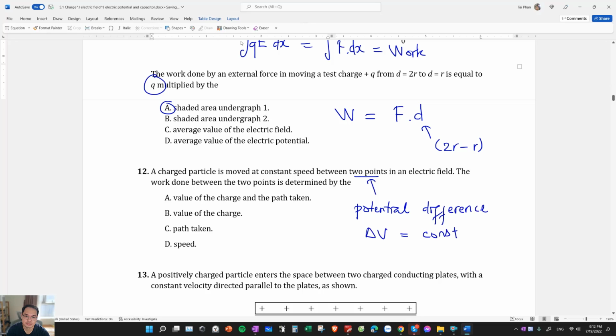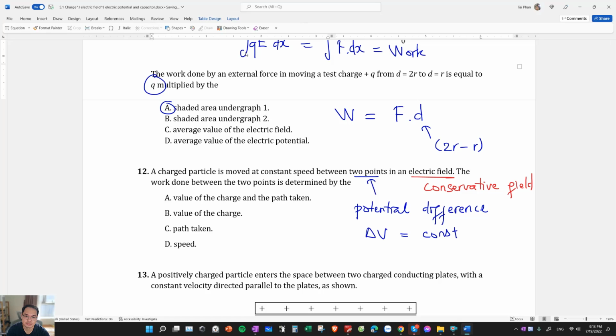Secondly, an electric field is called a conservative field. Conservative field means that the work done by the force of the field does not depend on the path.